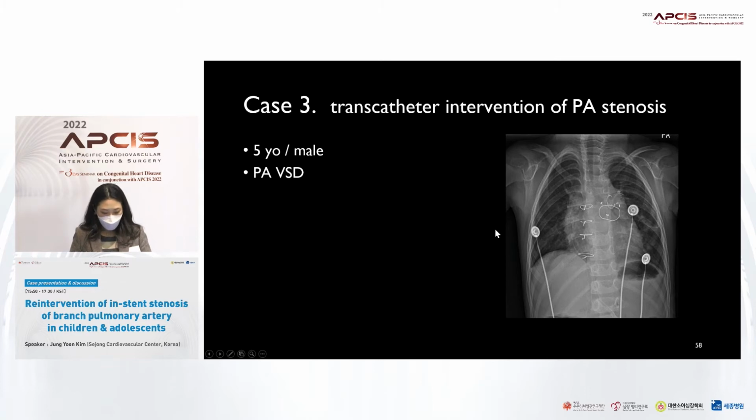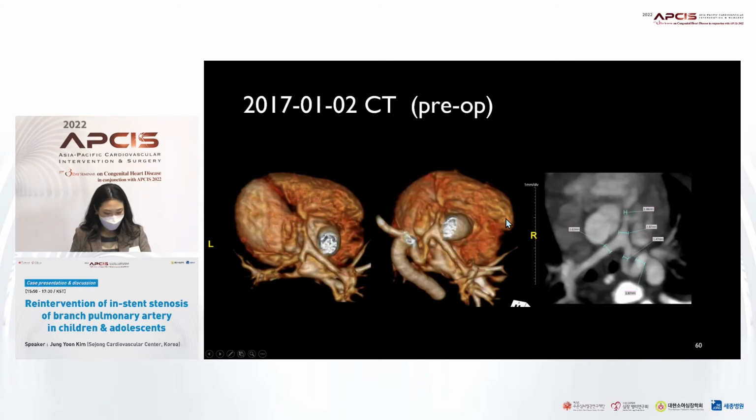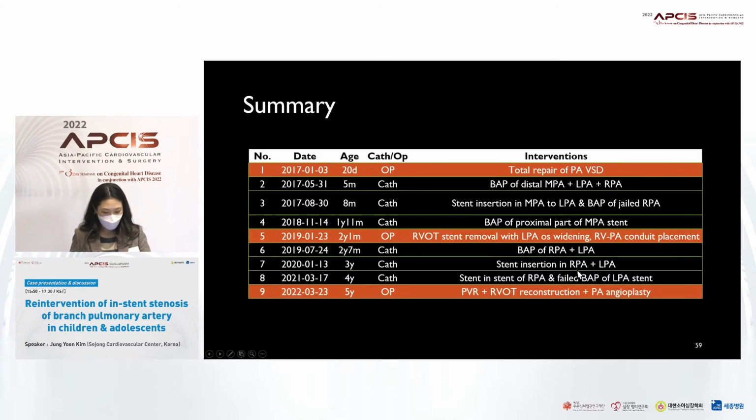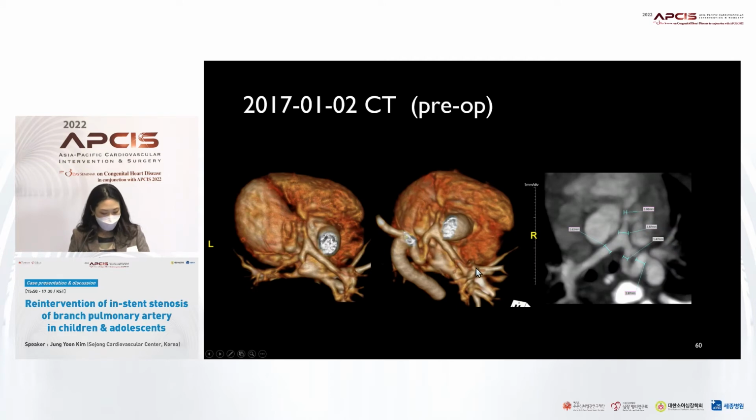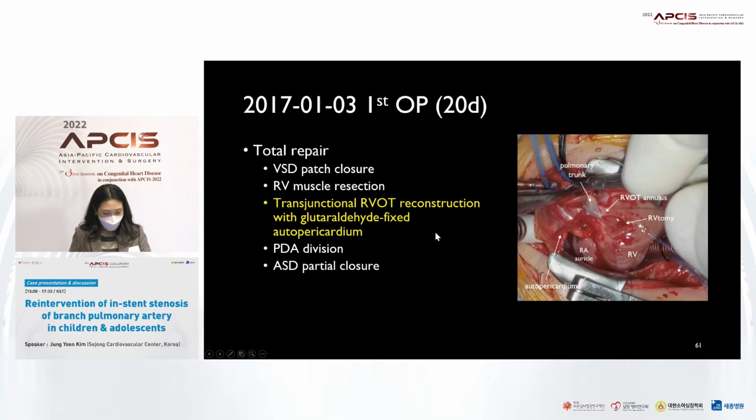Case 3 is a 5-year-old patient diagnosed with PAVSD. Pre-op CT shows a big, brick-like MPA with hypoplastic both PAs and a tortuous PDA course. He underwent total repair of PAVSD at the age of 20 days.